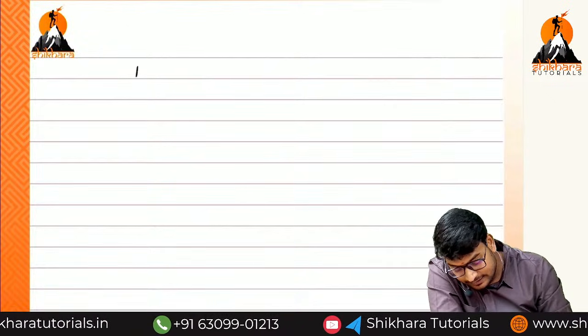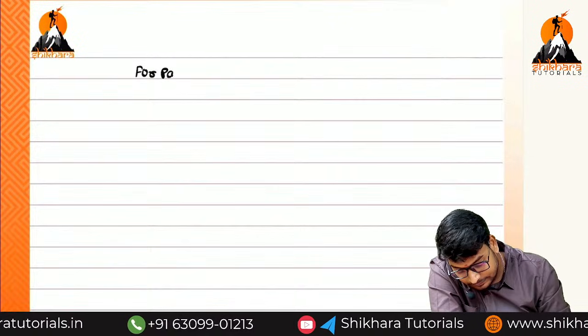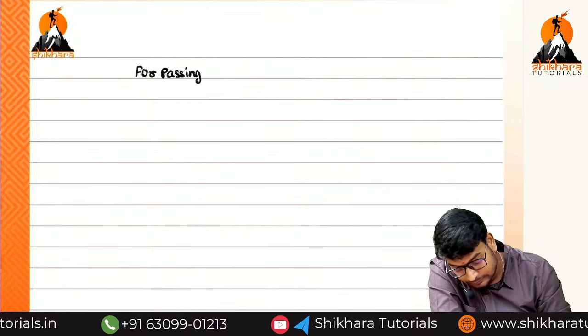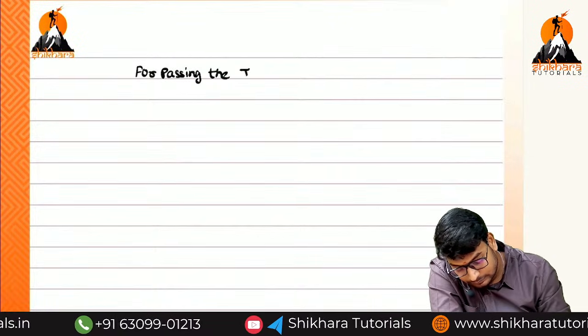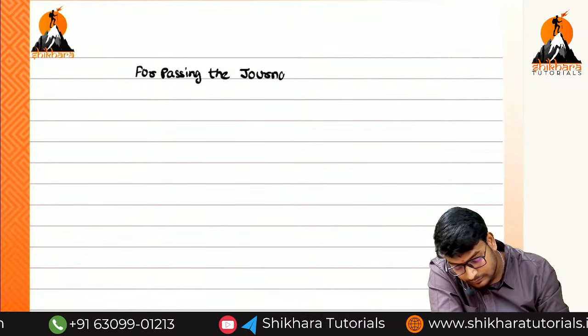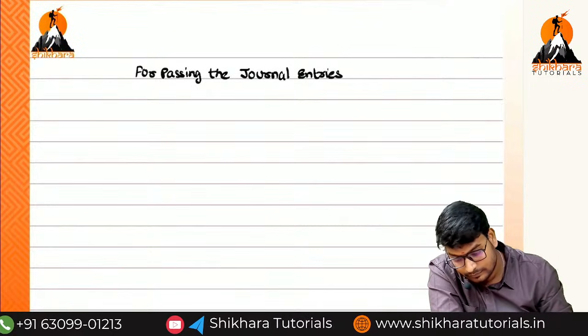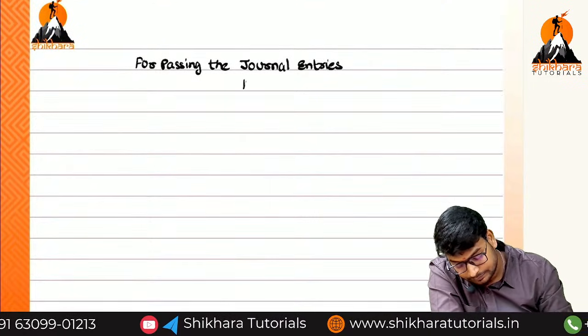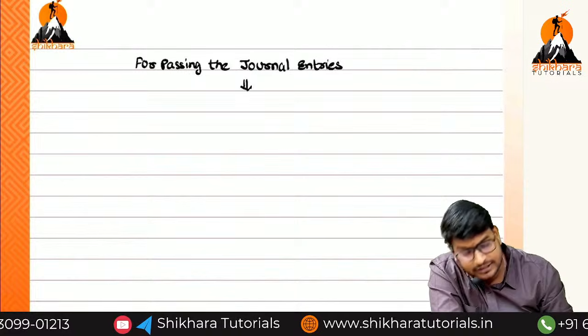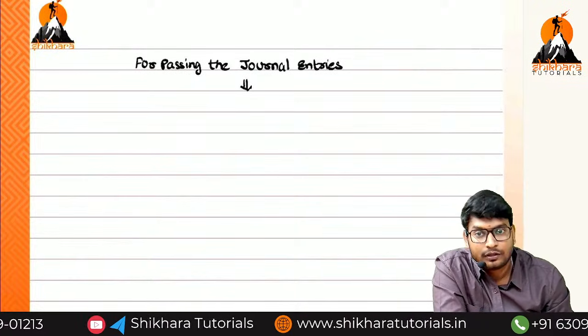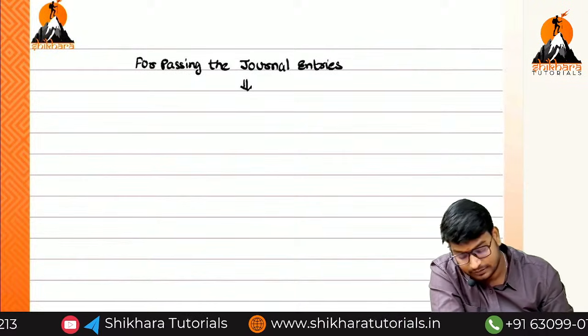for passing the journal entries, which system do we have to follow? Single entry system or double entry system?